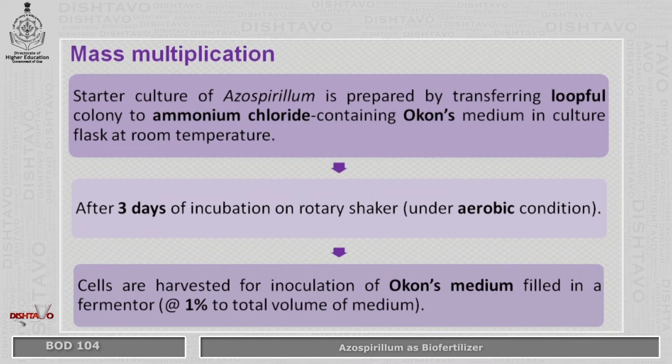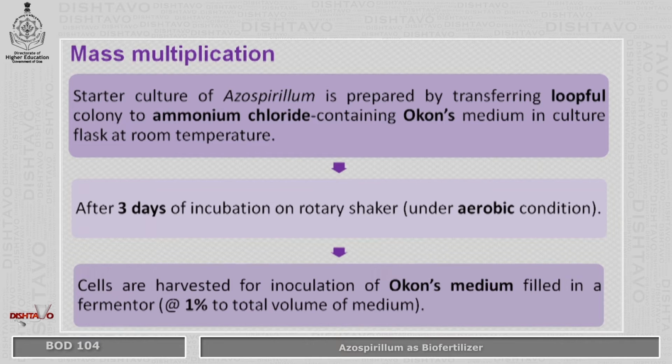Once you get Azospirillum in pure culture, one can go for mass multiplication of Azospirillum, which can be used in the production of biofertilizer. In order to produce Azospirillum on a mass scale, one needs to procure a starter culture.